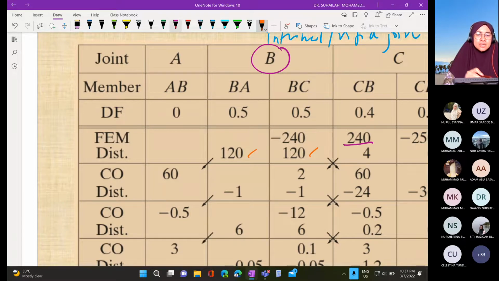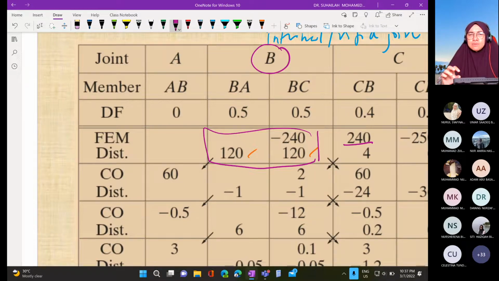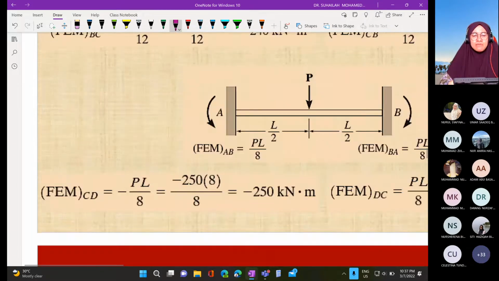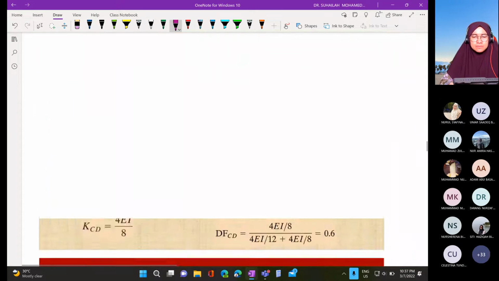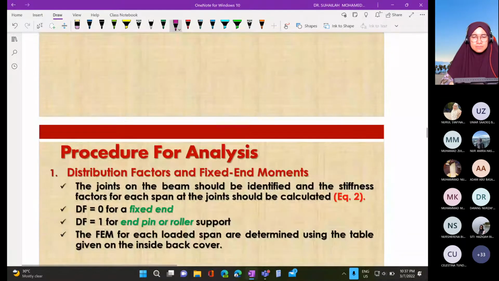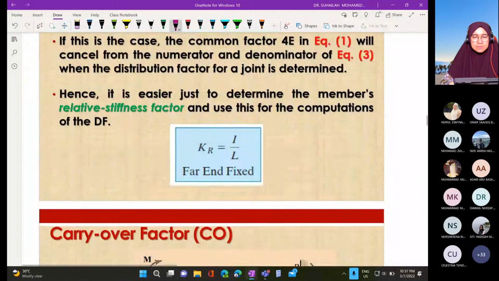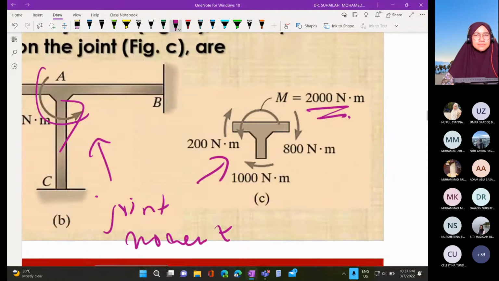And then total ni must equal to 0, because the system must be in equilibrium. Joint, yang ni total pada joint. Total must be equal to 0. Dia reflect pada yang diagram tadi juga. Yang ni tadi.